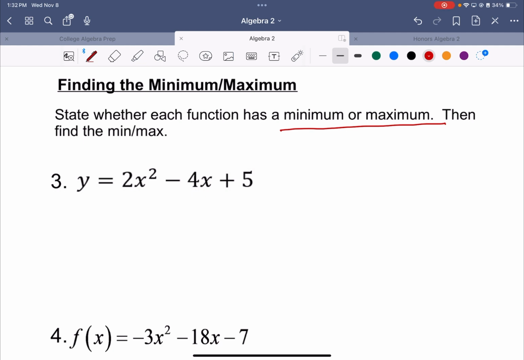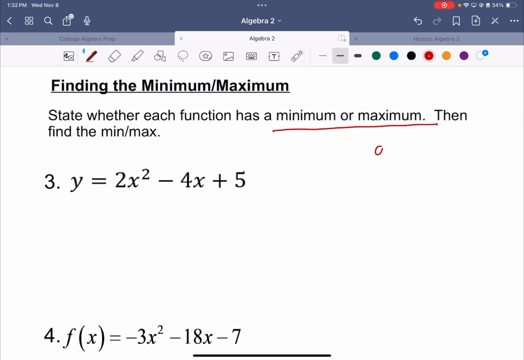The first question is y is equal to 2x squared minus 4x plus 5. What form is that? Standard or vertex? Standard form. If we have something in standard form, we can list the a, b, and c, because that tells you if it goes up or down.